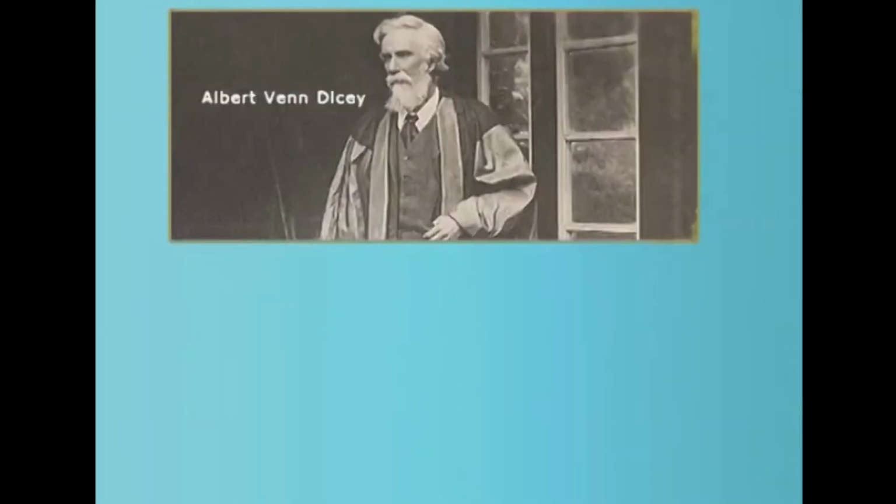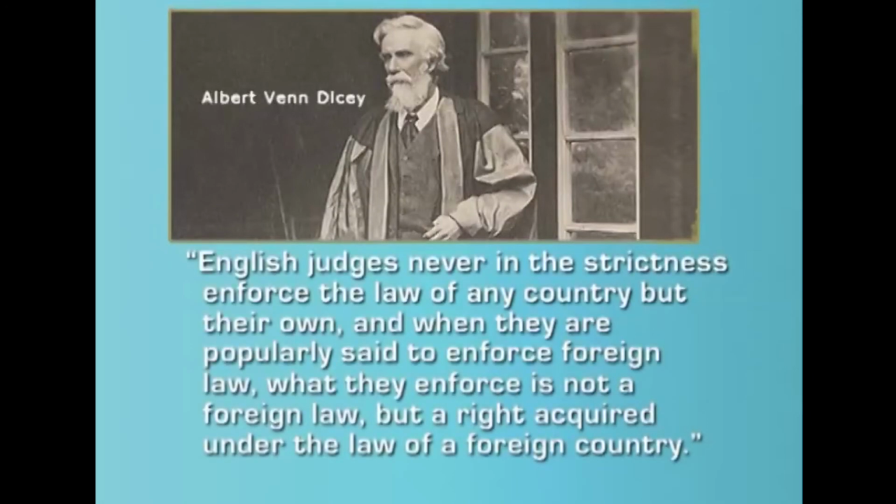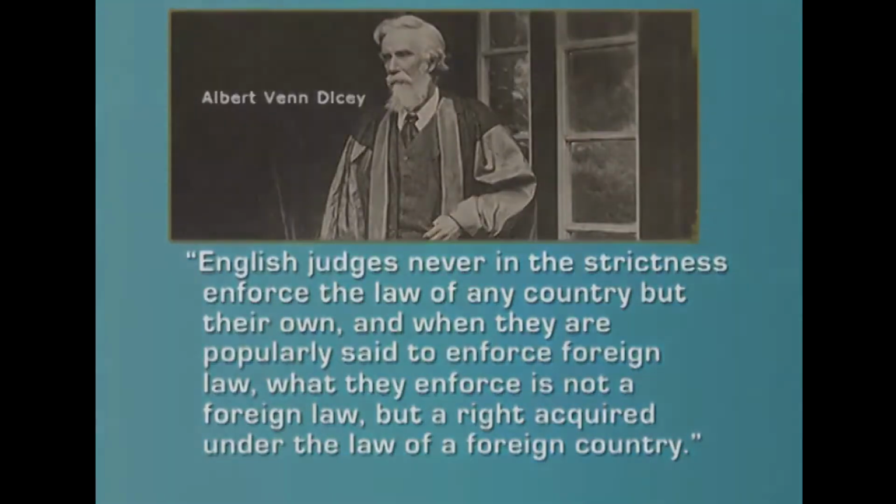Dicey puts it in the following words: English judges never in strictness enforce the law of any country but their own, and when they are popularly said to enforce foreign law, what they enforce is not a foreign law, but a right acquired under the law of a foreign country.